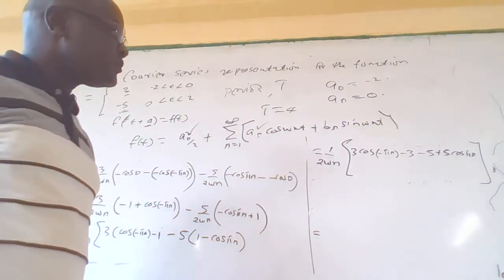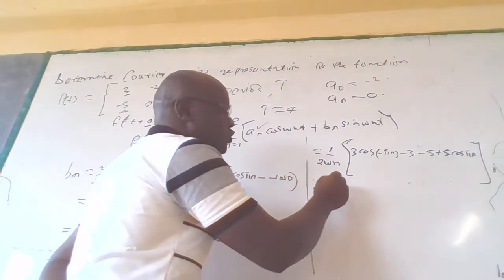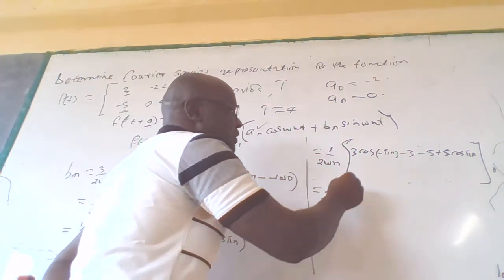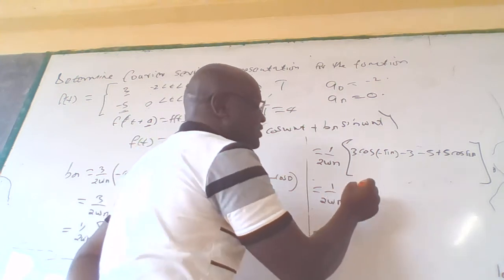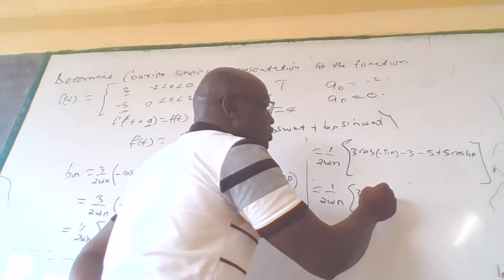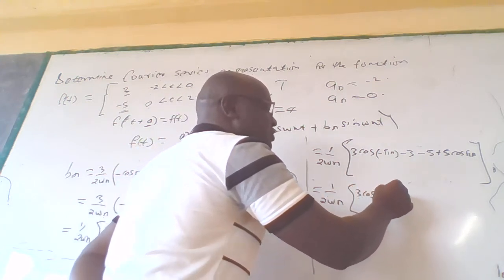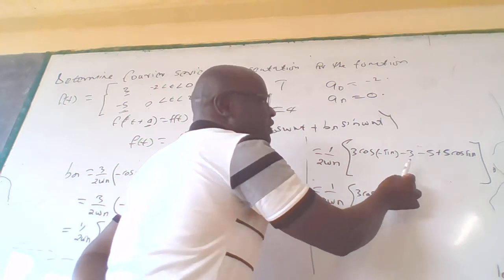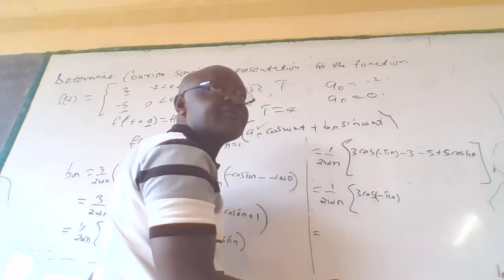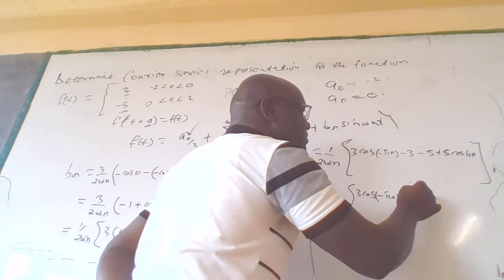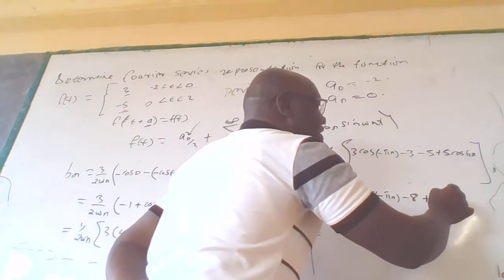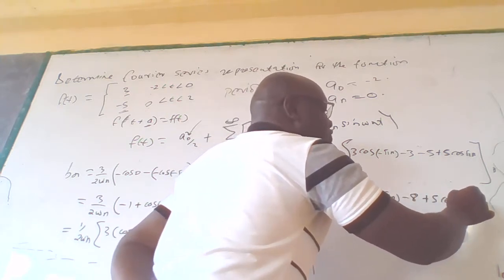Now this equals 1 over 2 omega n into 3 cos of minus pi n, then minus 3 minus 5 will be minus 8, then plus 5 cos pi n.